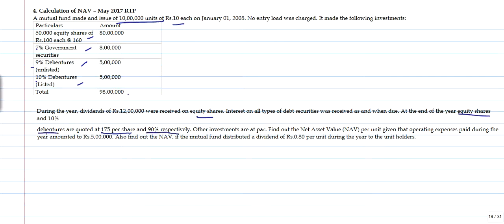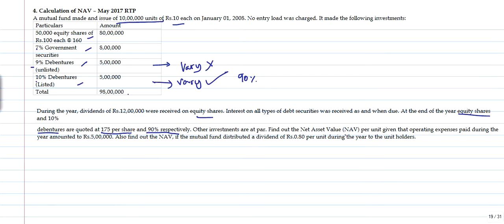So this will not affect unlisted because this will not vary. This will vary because it is listed in the market. So 90% applicable here. Other investments are at par.